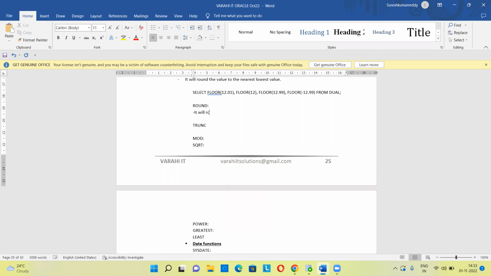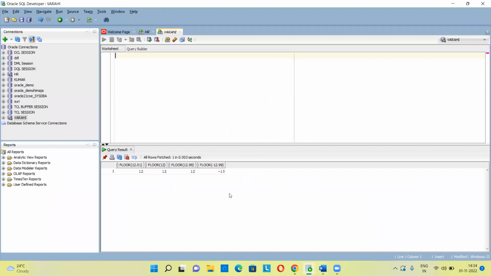It will round the value based on the second parameter. This is also going to round the value, but not to the highest value or nearest lowest value. It is going to round your value based on the second parameter. How it is going to round, we'll see now. A little important. We'll be using this in real time also.